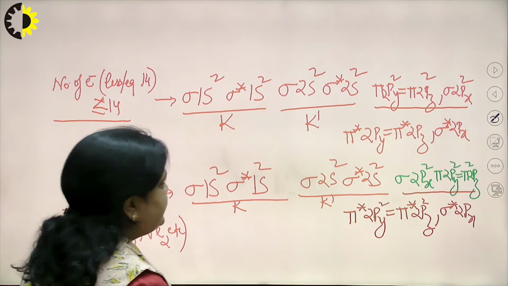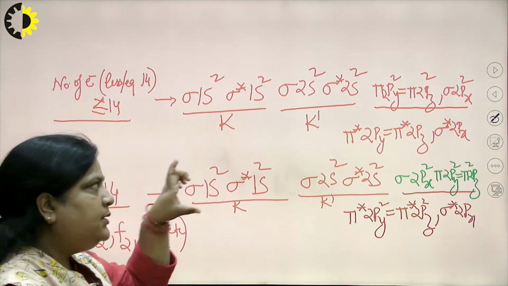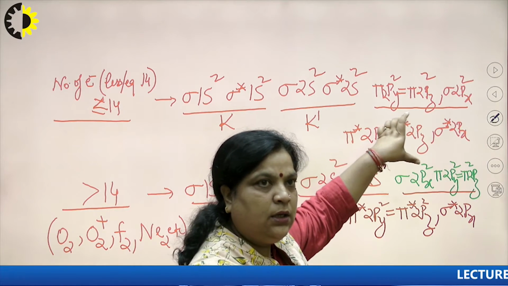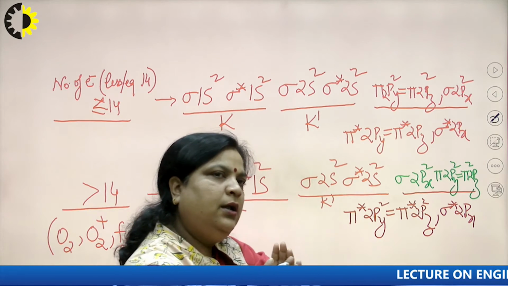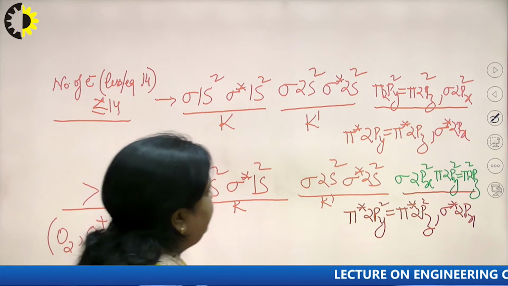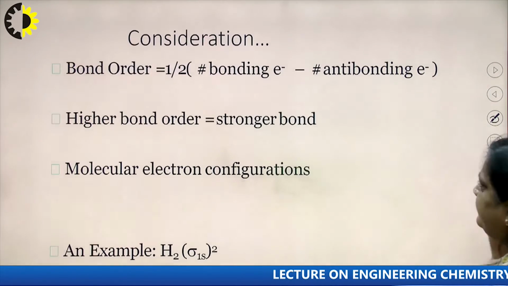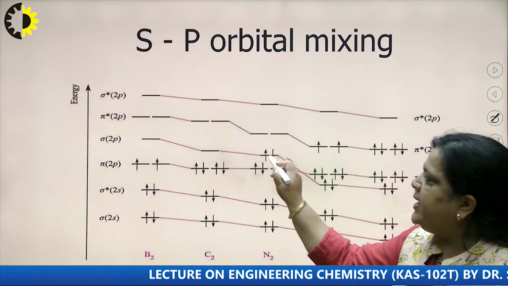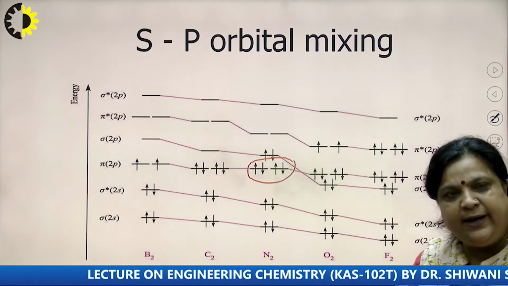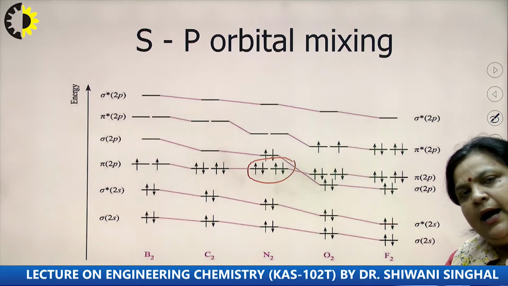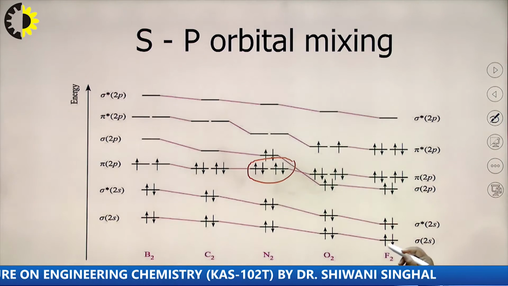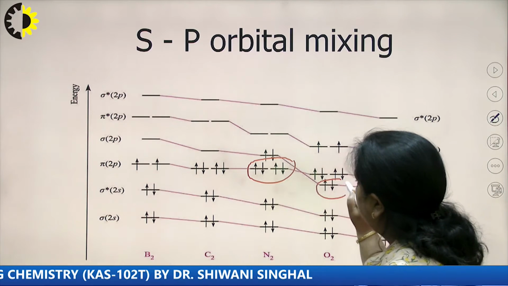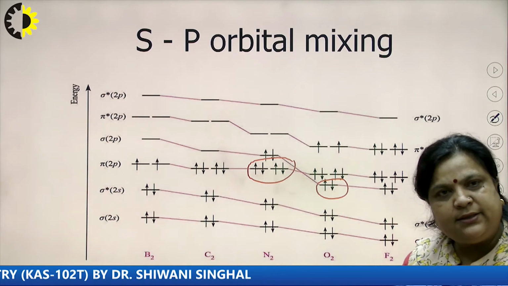So, in both cases, if we see the difference, it is only in the bonding p molecular orbitals. So, in case of less than 14 electrons, that is up to nitrogen, the pi 2py and pi 2pz will have lower energy, while above nitrogen, that is for O2 or F2, sigma 2px will have lower energy.